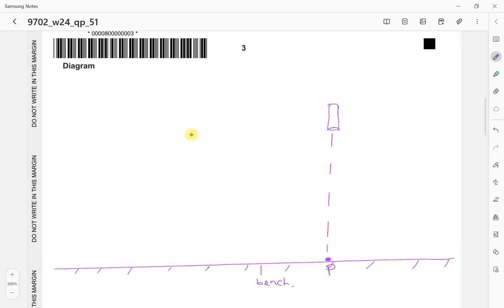Like I said, you can draw a better diagram using a ruler. So I'm going to put a block. This is going to be a block. I'm going to put a block here to stop the trolley.